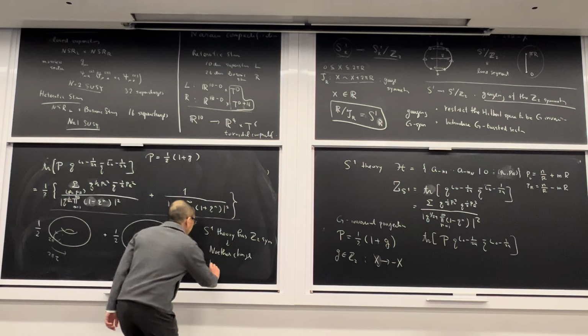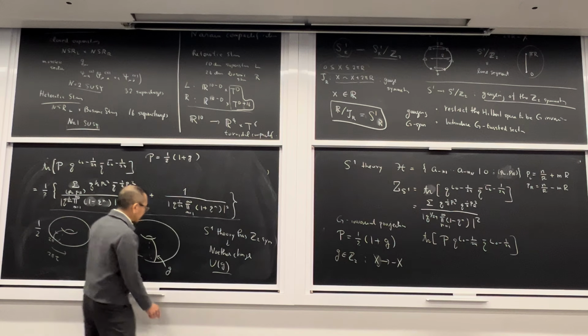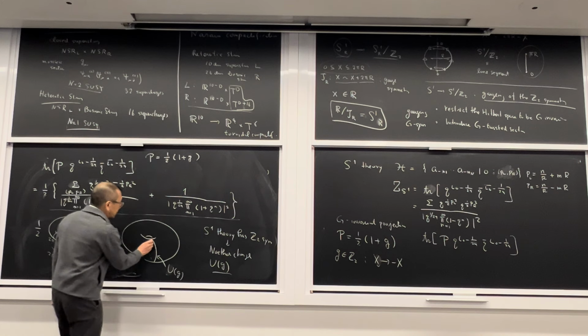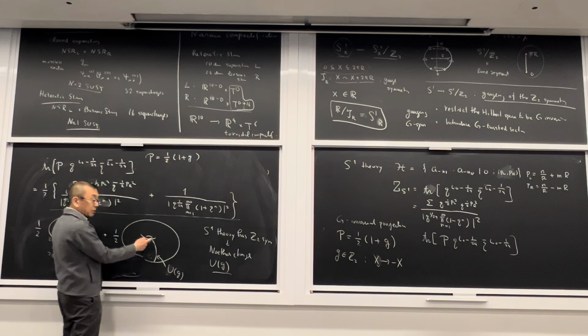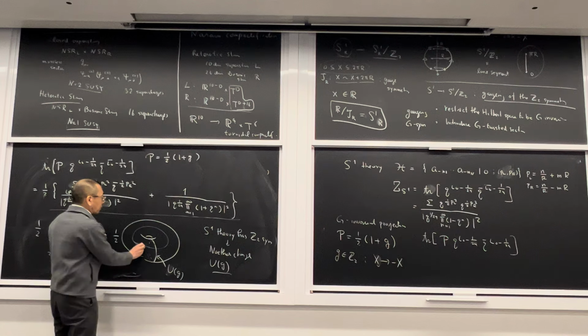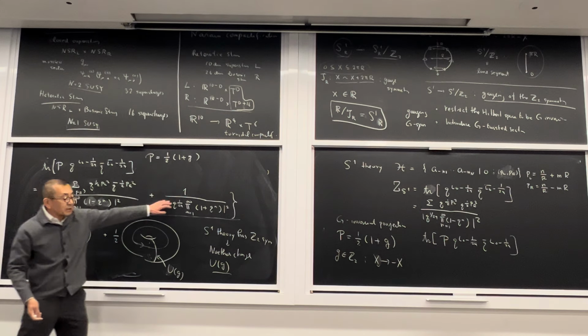So there must be some unitary operator that acts on the Hilbert space that implements the Z2 symmetry. So what we are doing here is just inserting this unitary operator which implements this Z2 symmetry, so that all the states that go around this torus get this Z2 action. And that is what this is counting.